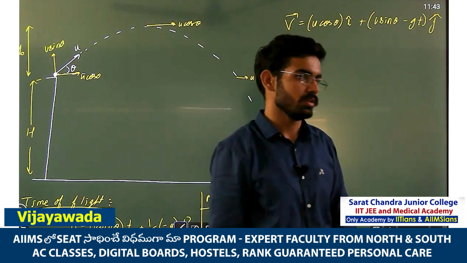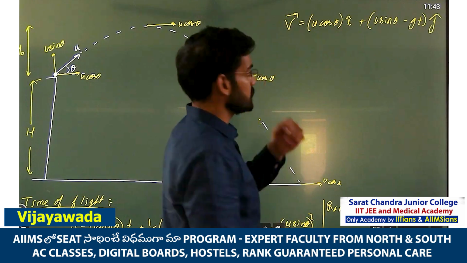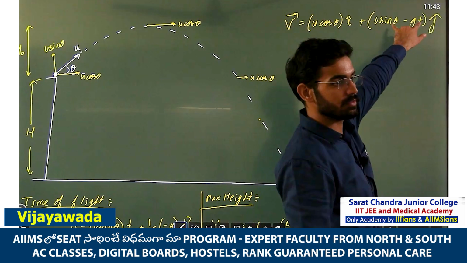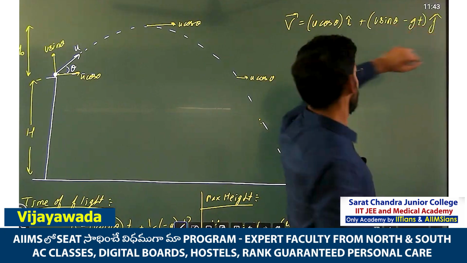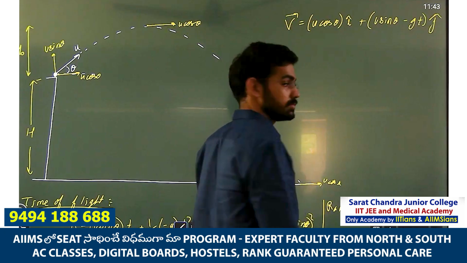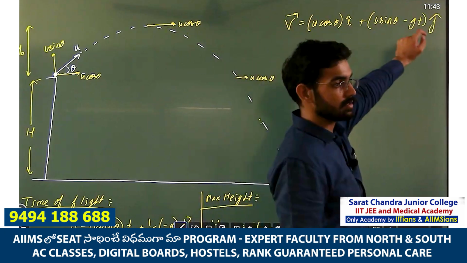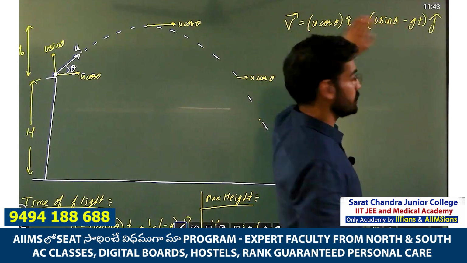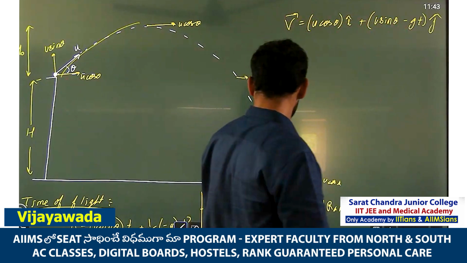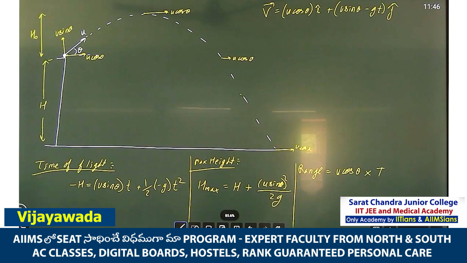Angle also he can ask you, and here, as I told you previously, if this quantity is coming negative, that means he is in this region, falling, because this is negative. If this is coming positive, it means he is in this region. Previously I told this.